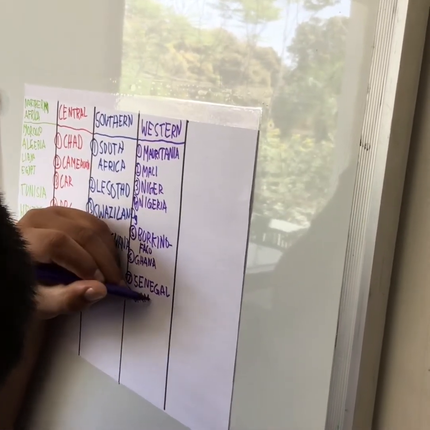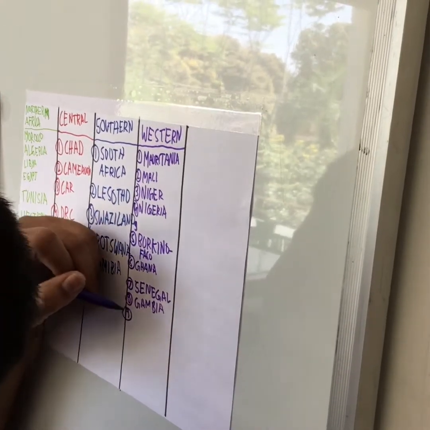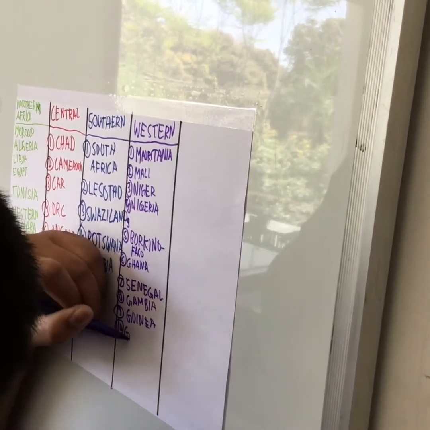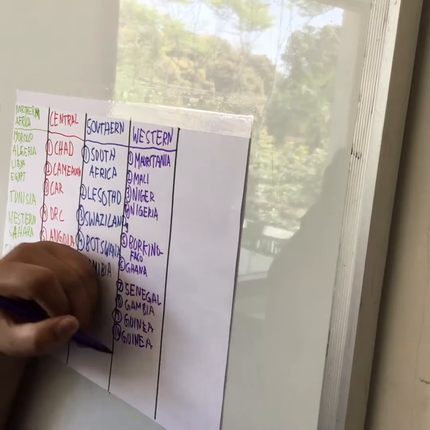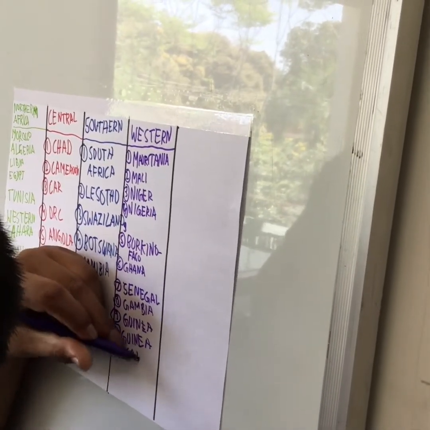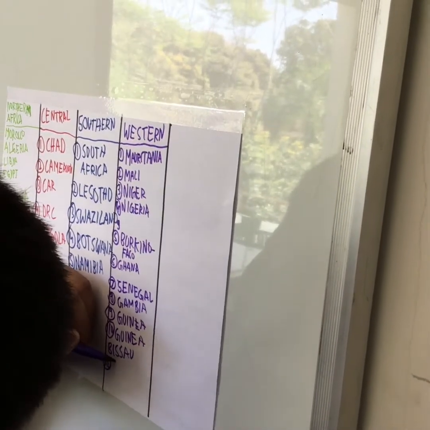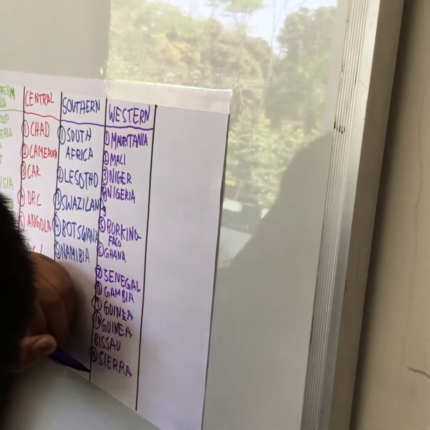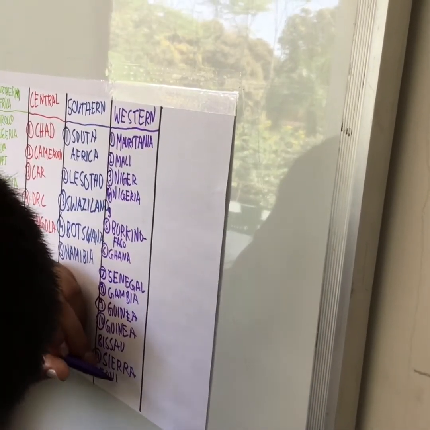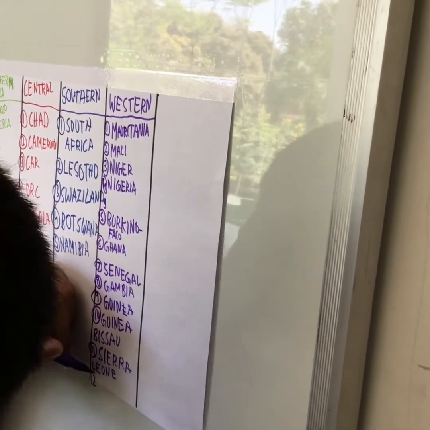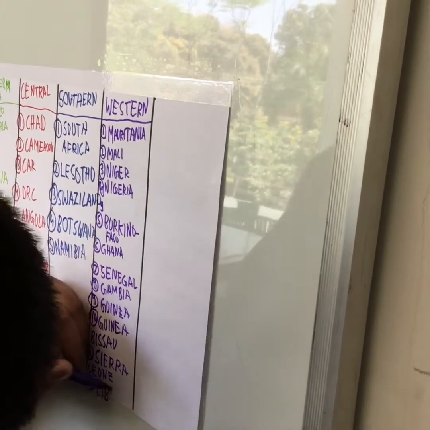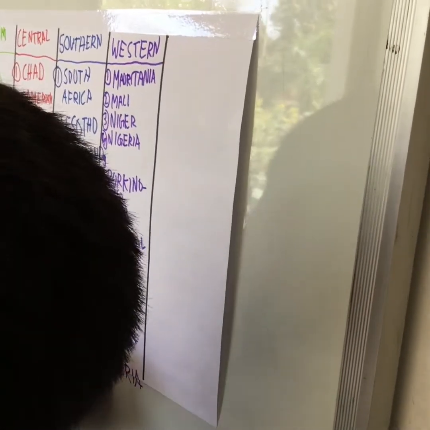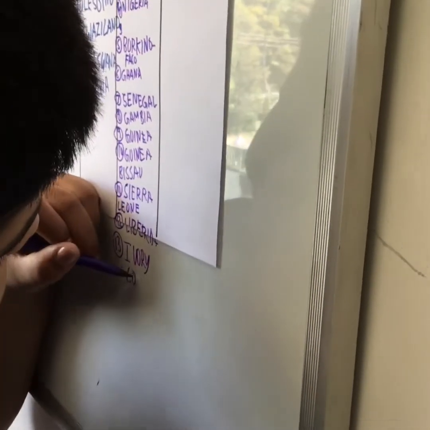Then Gambia, then Guinea, then its baby Guinea Bissau, then Sierra Leone, then Liberia, and Ivory Coast, which is also known as Côte d'Ivoire, as I told you.